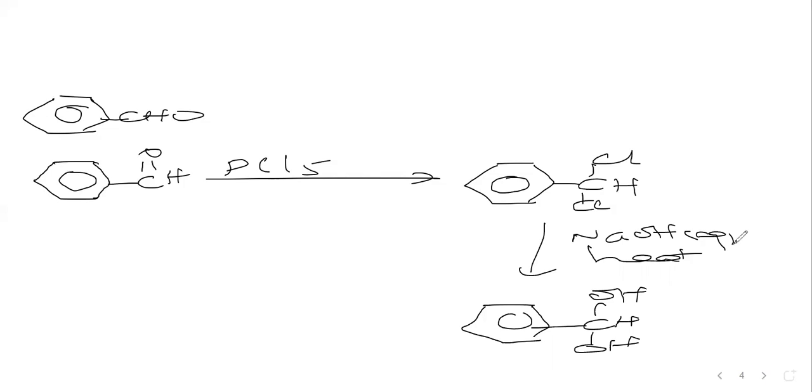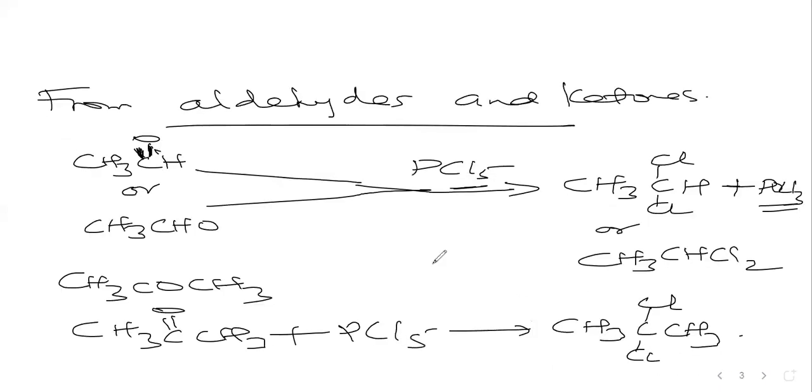So that's one way by which you can prepare alkyl halides or aryl halides from aldehydes and the ketones. You can simply use phosphorus pentabromide in case you want bromine atoms here. That is also very okay.